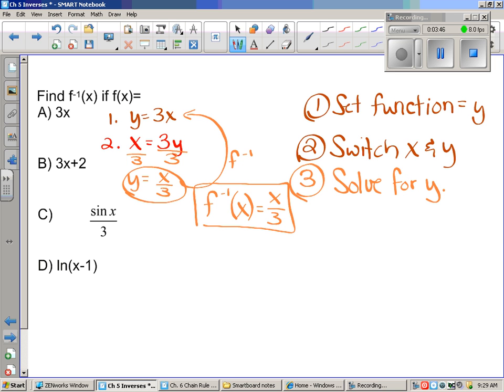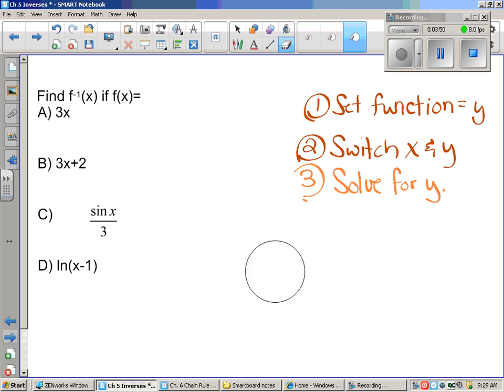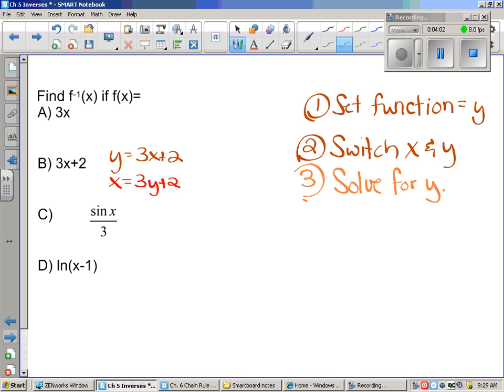So let's try another one. Step number 1, set it equal to y. Step number 2, switch x and y. What's step 3? Good, solve. So now what's the first thing that I'm going to do?